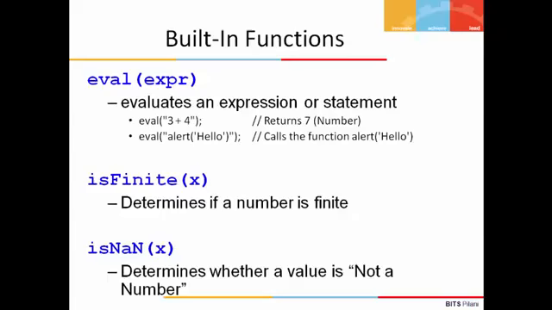If you want to check if a number is finite or not, you need to make use of isFinite. If you want to check whether a value is a number or not, then you can make use of isNaN, where it is going to check whether it is a number or not a number.